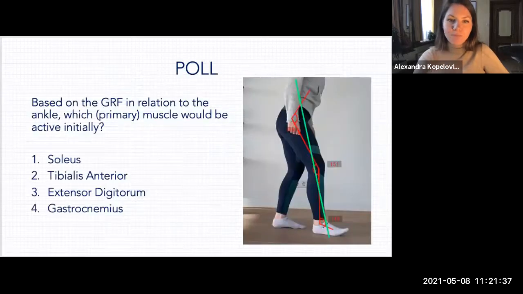So this is our first one. Based on the ground reaction force in relation to the ankle, which primary muscle would be active initially? So once again, this is the axis of rotation of the joint. This is the ground reaction force, and it's anterior to the ankle. So based on this ground reaction force, which muscle do you think will be active?